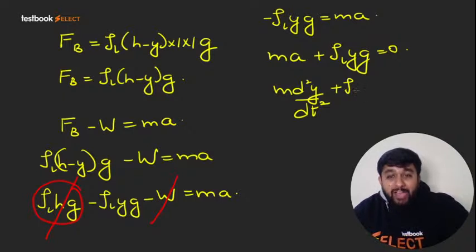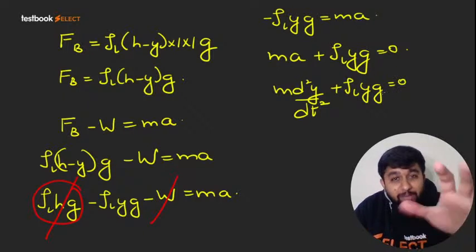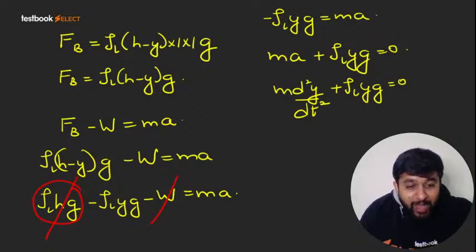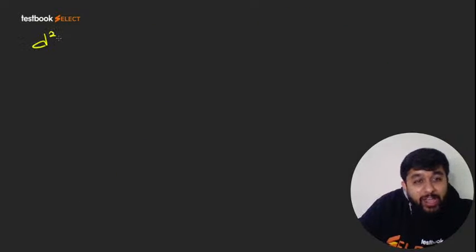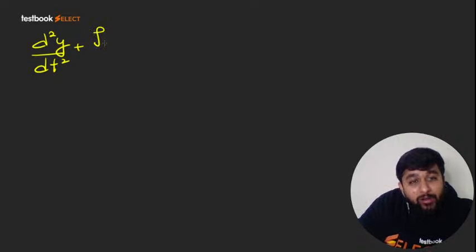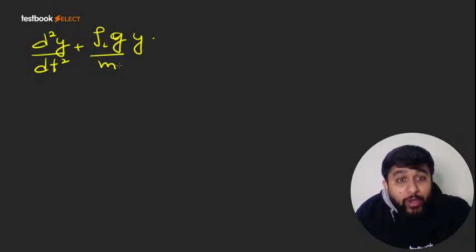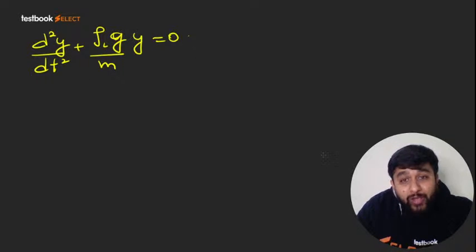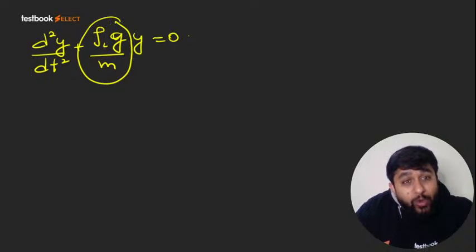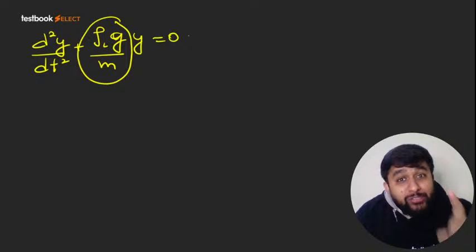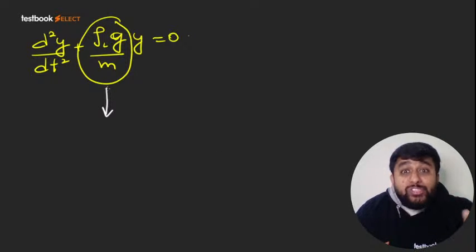Now try to recall simple harmonic motion from your vibration chapter. You will write the equation like this: d square y by dt square plus rho L g y upon m equal to 0. So comparing with d square x by dt square plus omega square x, this is the natural angular frequency of oscillation.